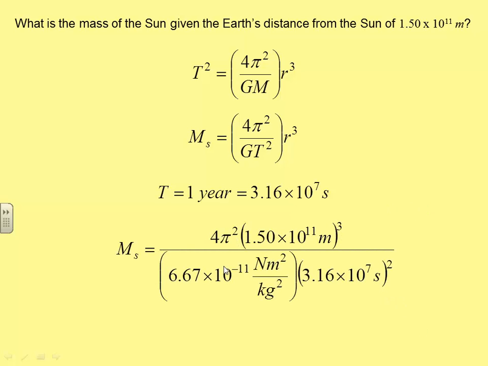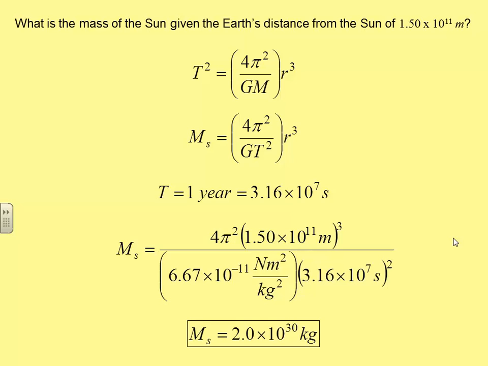We need to be in seconds because we have newtons in here, which are kilogram meters per second squared. So we need seconds. So here's the radius of the Earth's orbit around the sun. Here's the gravitational constant. Here's the period of the Earth around the sun squared. And we get a mass of the sun of about 2.0 times 10 to the 30th kilograms.